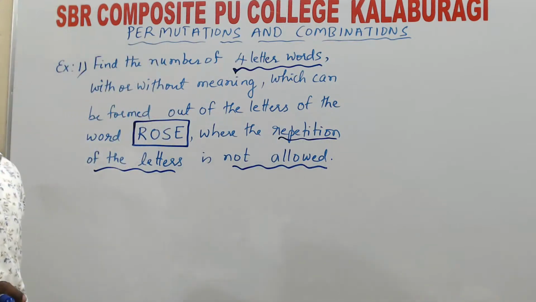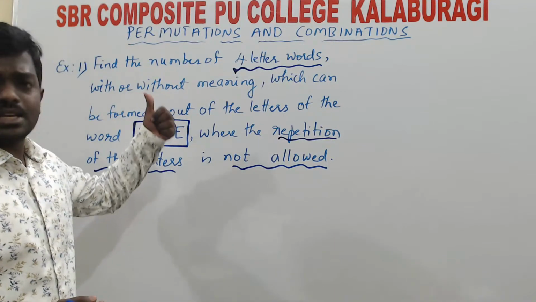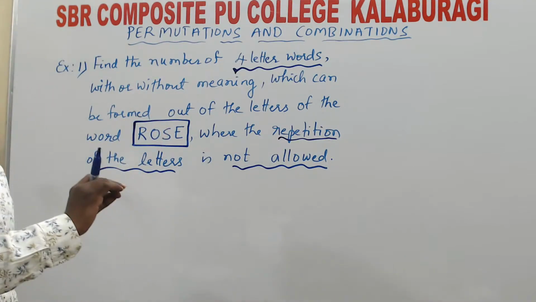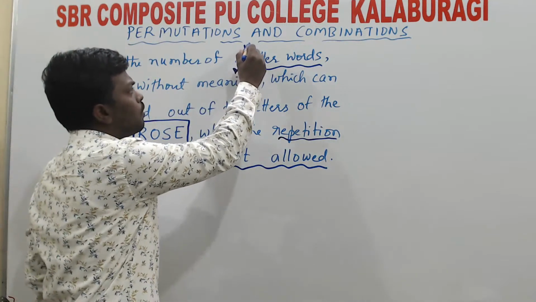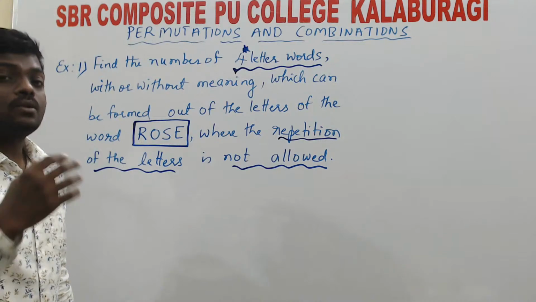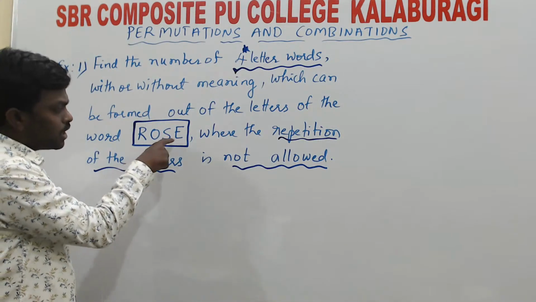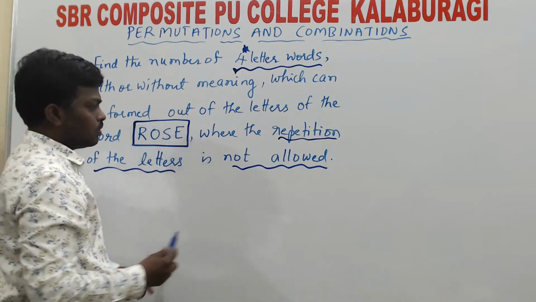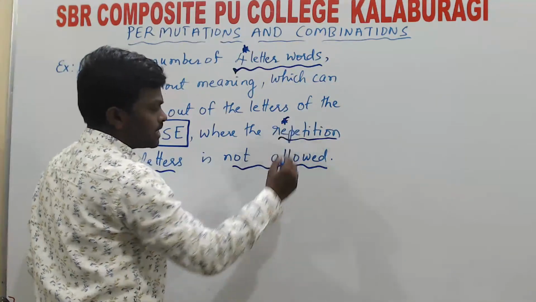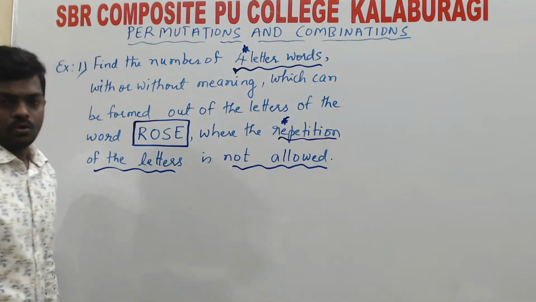So concentrate students. What they are asking us is to find the number of four letter words. How many four letter words can be formed out of the letters of the word rose, and the condition given is that repetition of the letters is not allowed.